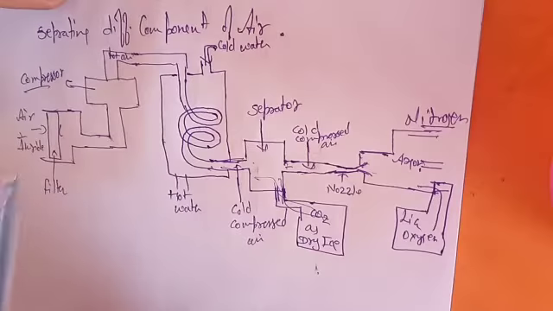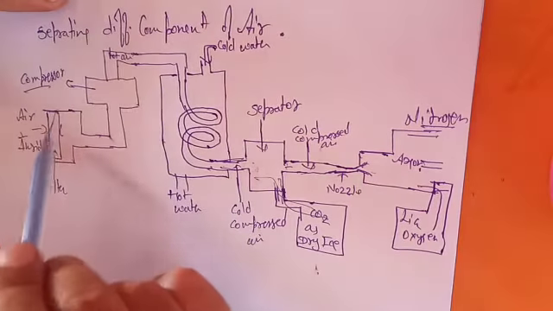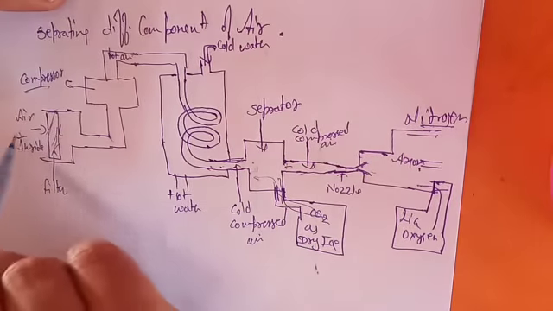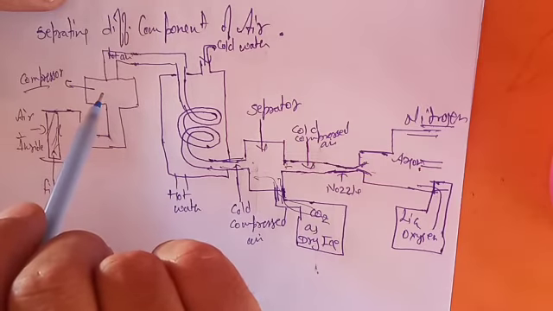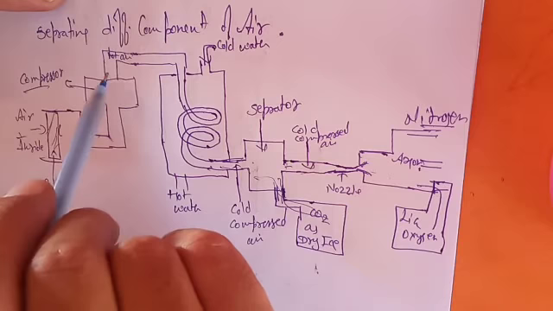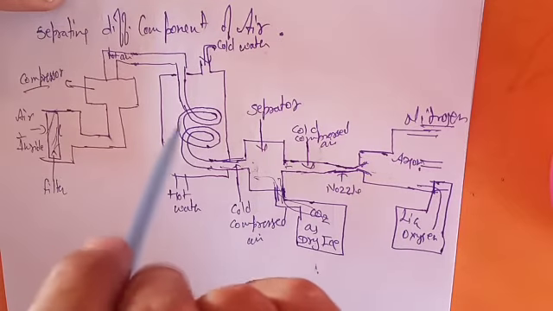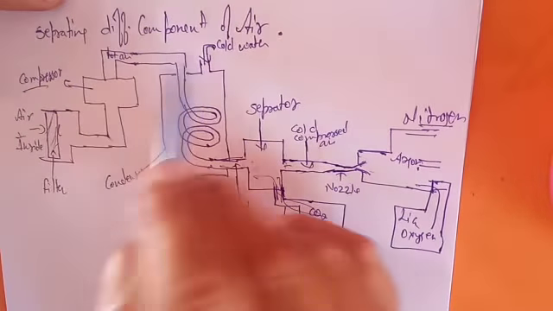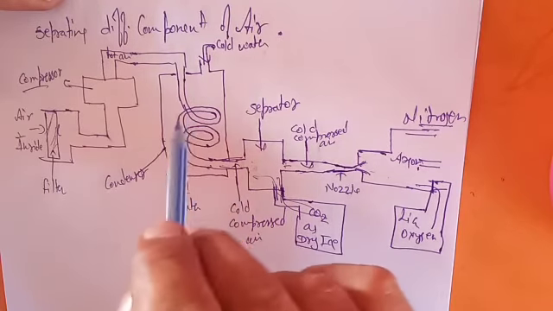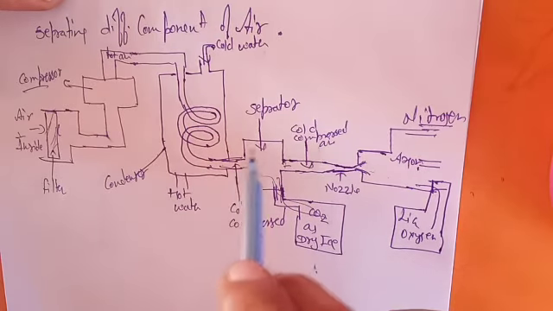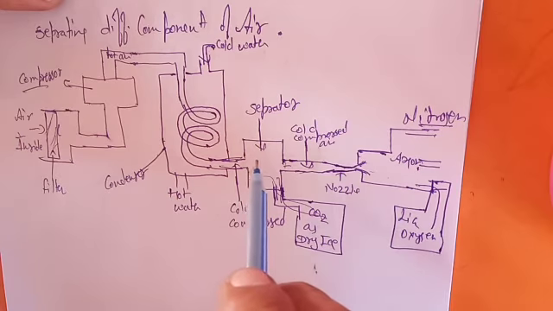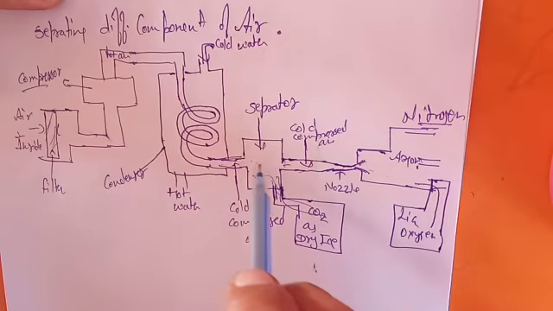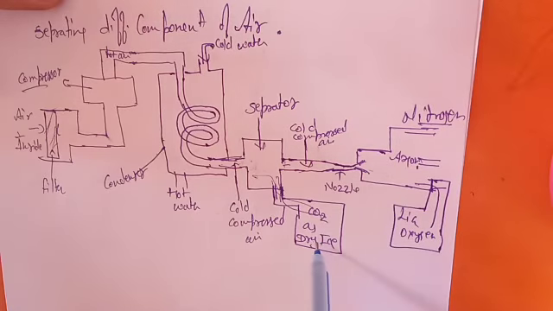Let me explain again from the start. First we applied filters to separate the dust and smoke particles present in the air. Then we compressed the air, but after compressing, the air became a little hot, so we pass it through the condenser, which cools it down. In the separator, because the boiling point of carbon dioxide is quite higher, carbon dioxide comes out first as dry ice.